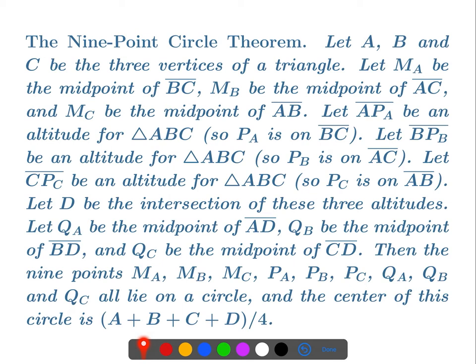In addition, we're going to show that the center of this circle is the average of the vertices and the intersection of the altitudes. So A plus B plus C plus D divided by 4.